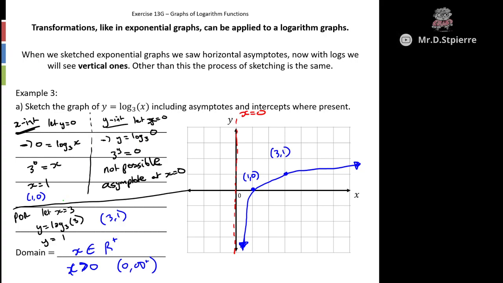Let's go back to my tactic of letting my point of reference, letting x equal to 3. Why did I let x equal to 3? If we go back to the log in here, and I'm picking this 3, by letting, let's call this the blue box, by letting the blue box equal to the base of the log, it's always going to be something that we can solve without a calculator.